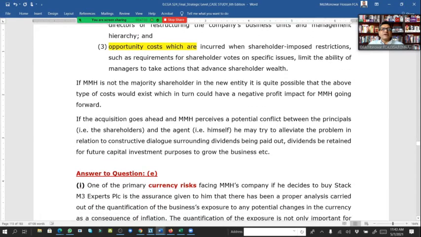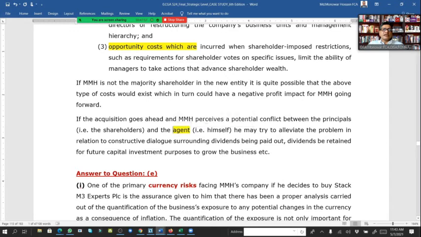So if MMA is not the majority shareholder in the new company, it is quite possible that the above types of cost would exist. So if the acquisition goes ahead, MMA may face potential conflict between the agency.